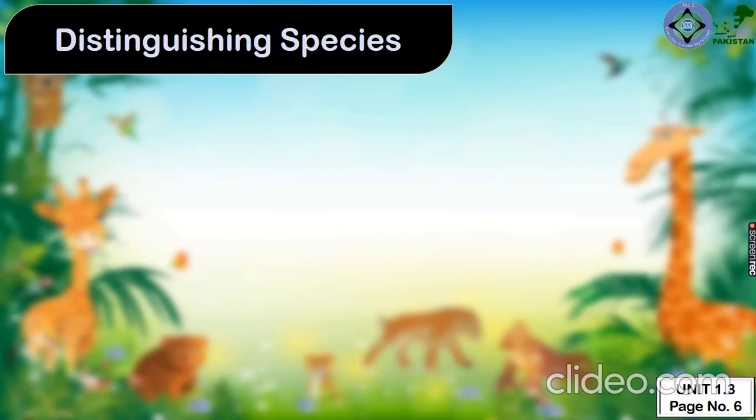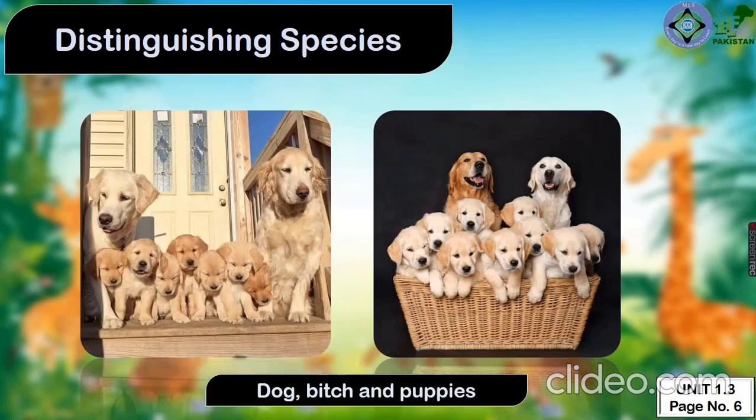Those who use the same type of living things for reproducing, like the family of the dog, in which there is a dog, bitch, and puppies.